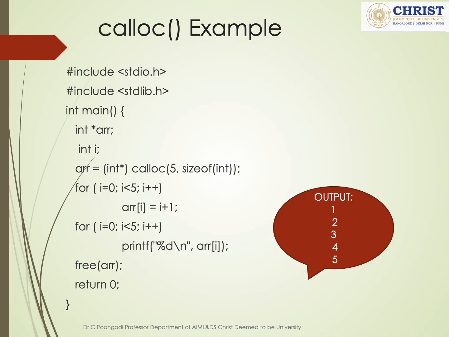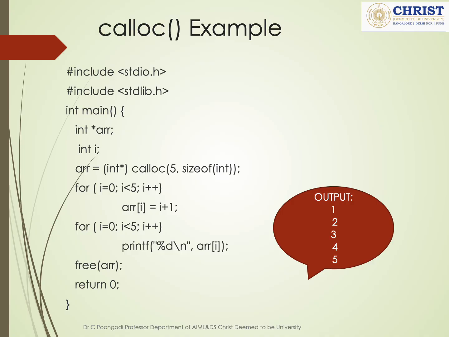Next, calloc. Both calloc and malloc have the same purpose, but during creation, if you don't initialize, in the case of malloc garbage values get stored, but in the case of calloc it will be initialized to zeros. That is the only difference.